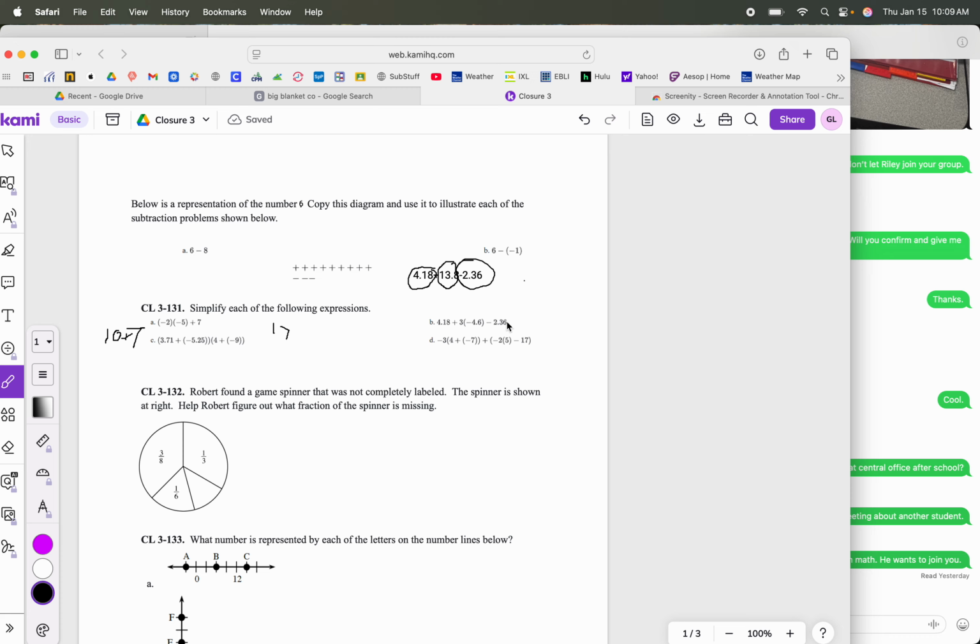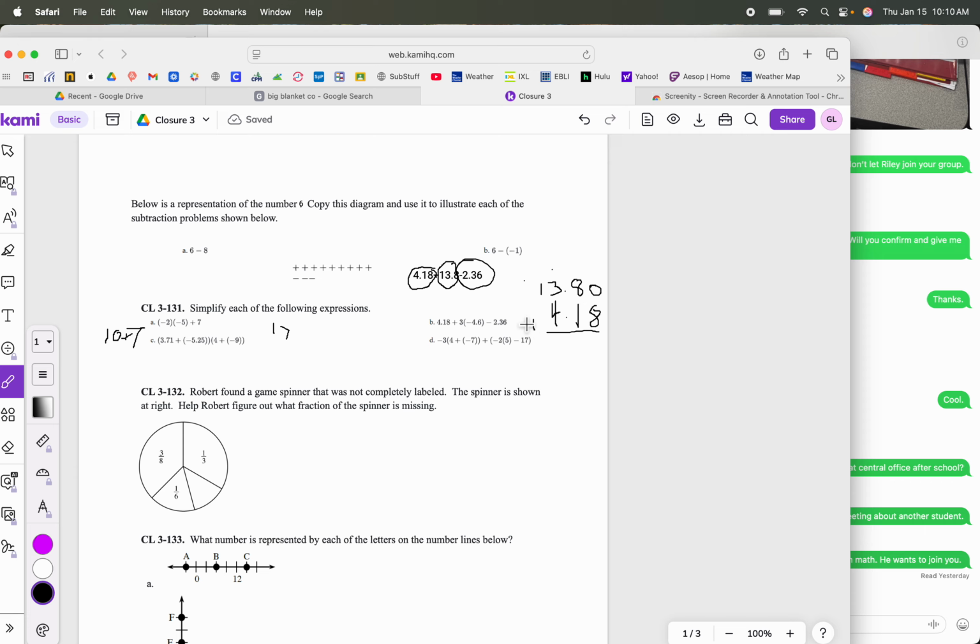So now I'm going to take my 13.8, 13 and 8/10, and we're adding 4 and 1800ths. Now here's the thing, I do what we call place values or placeholders.